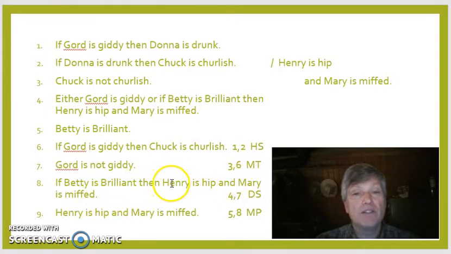Okay? So I inferred that from statements 5 and 8, and I used the rule modus ponens to get this conjunction here. Okay? But now notice that was what I was trying to prove, right? This is the conclusion I was trying to deduce, and I managed to deduce it.